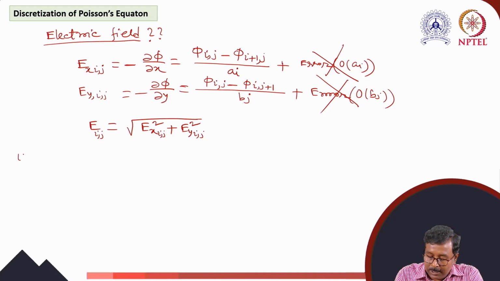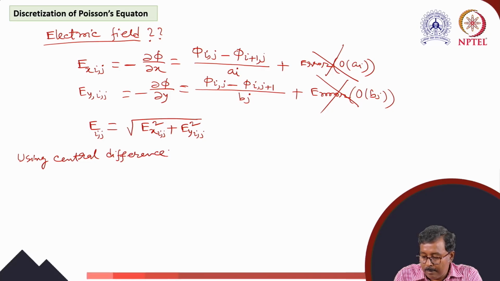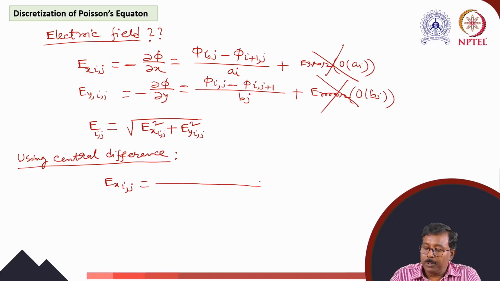So in that case, using central difference, Exij can be written: you have to take i plus 1 and i minus 1, and also j plus 1, j minus 1 points, and divide by 2 delta x, that is phi i minus 1 j minus phi i plus 1 comma j by twice ai.